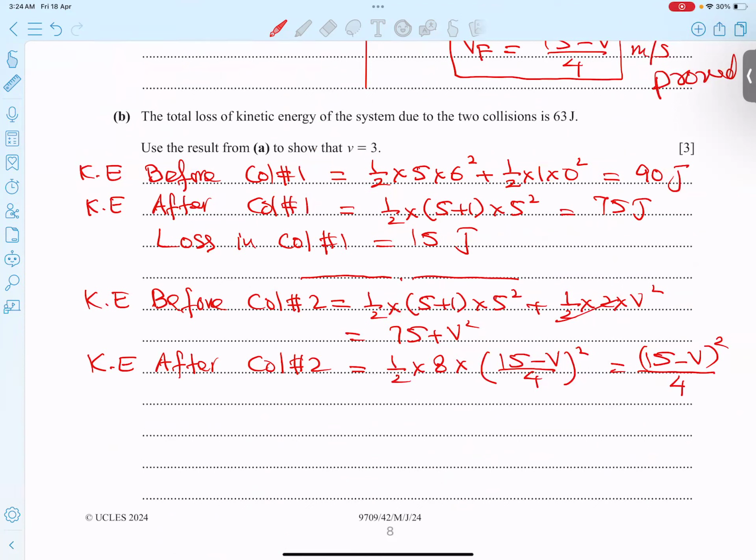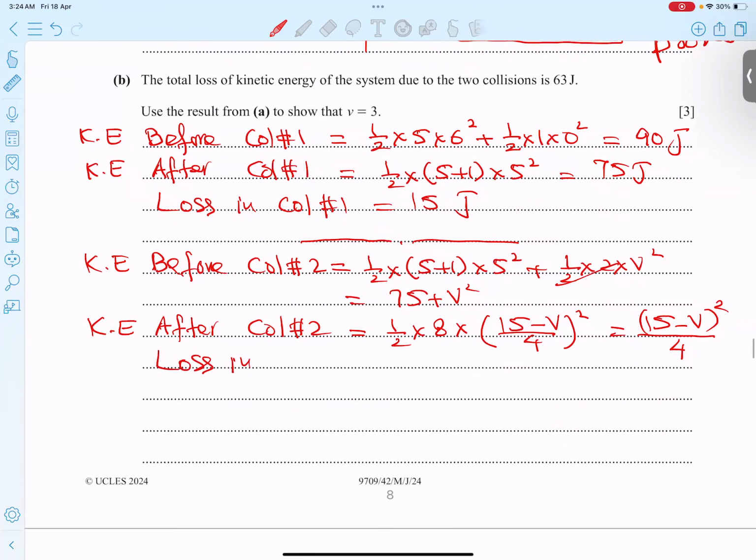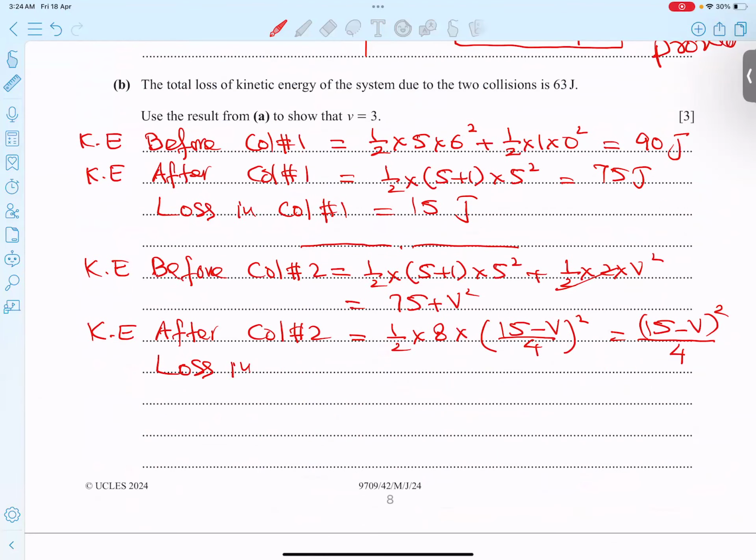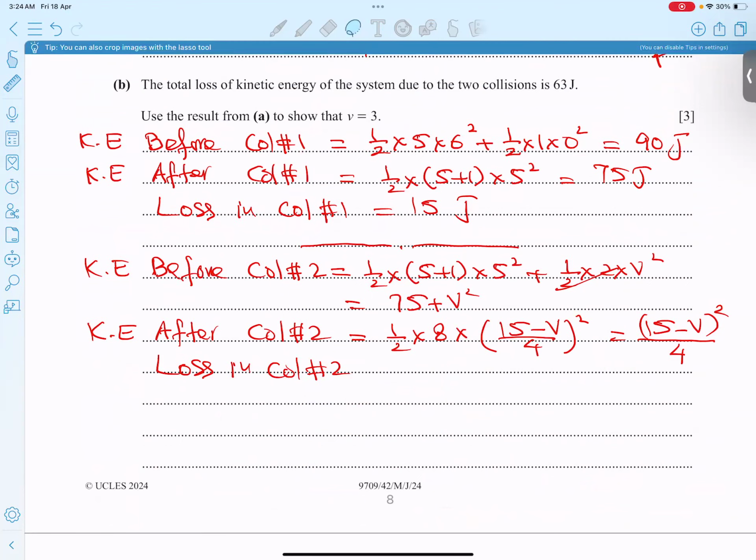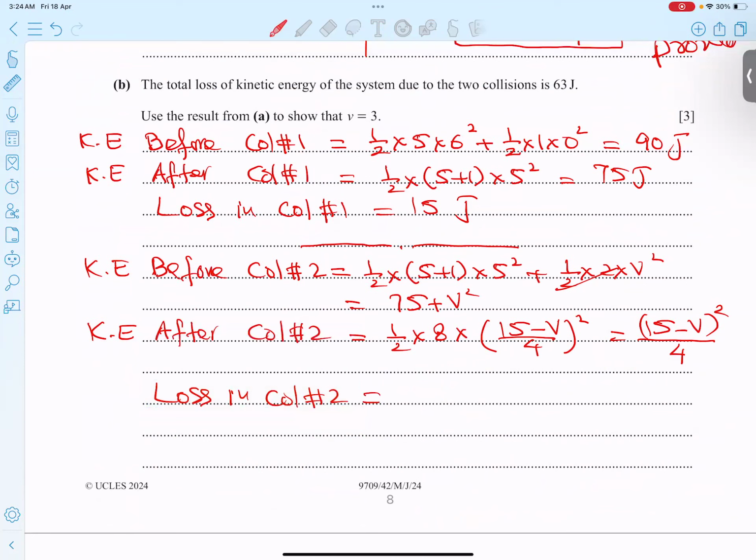This 4 comes. So as I subtracted here, I got this. Same, this minus that. Make sure this is bigger, this is smaller, I got loss. And I'm writing here loss in collision number 2, which I'm getting here finally: 75 plus v squared minus (15 minus v) whole squared over 4.